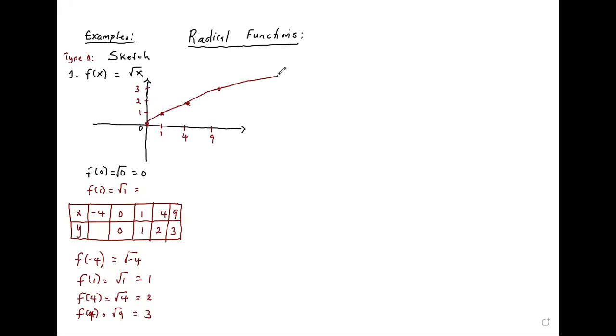That's how type 1 behaves. This is the reason why we said for type 1, the function of this nature, a plus the root of bx plus c, provided that b is positive, you understand that the shape will come out like that.